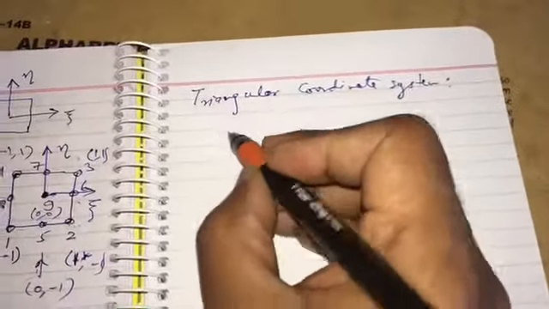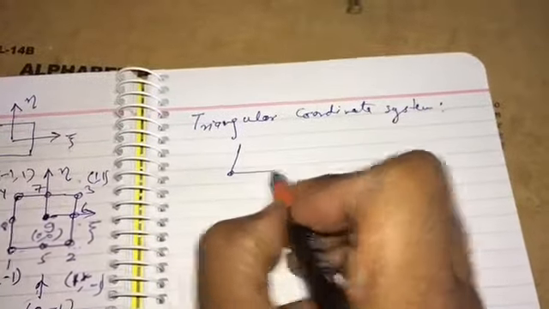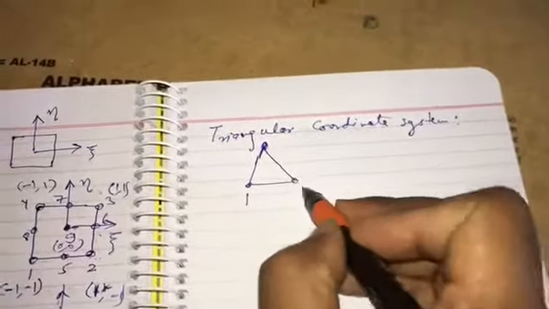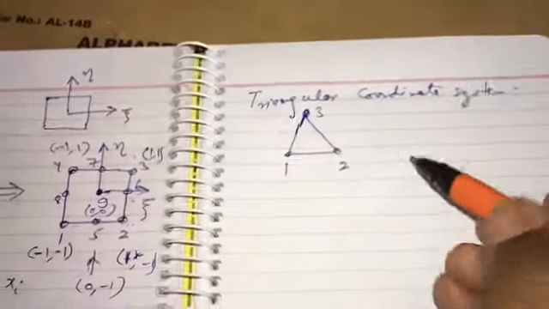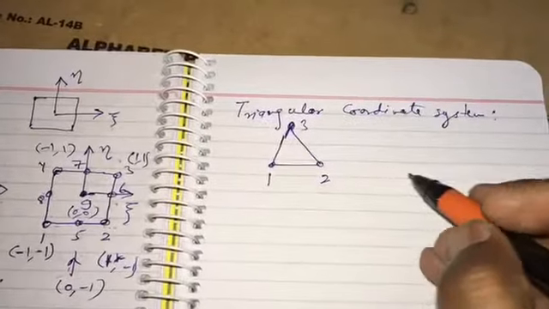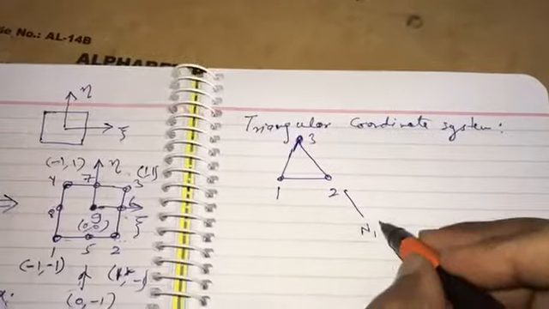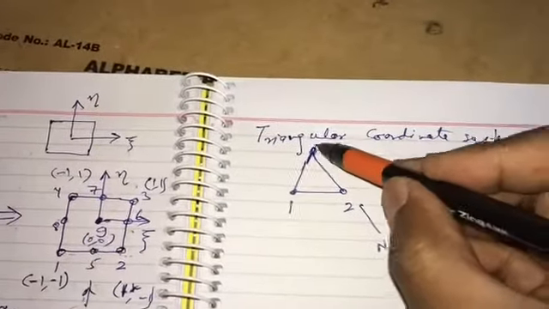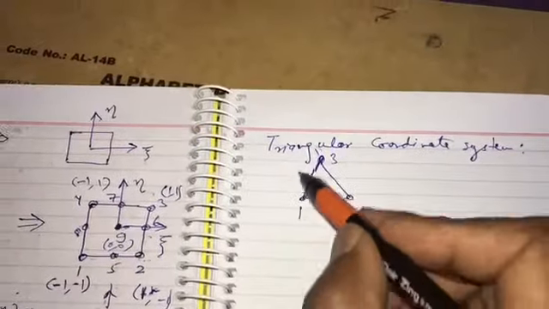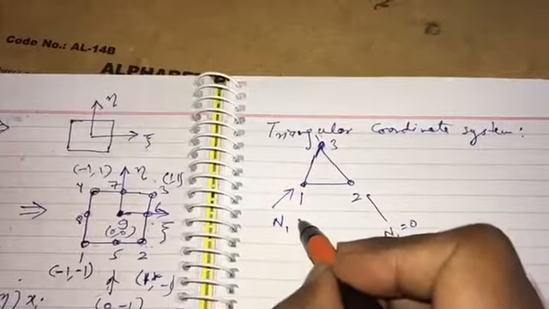So as we have seen earlier, a triangle which has 1, 2, 3 nodes, and what we saw was N1 was equal to 0 here. If you are on this line, then N1 equal to 0, and if you are here, N1 equal to 1.